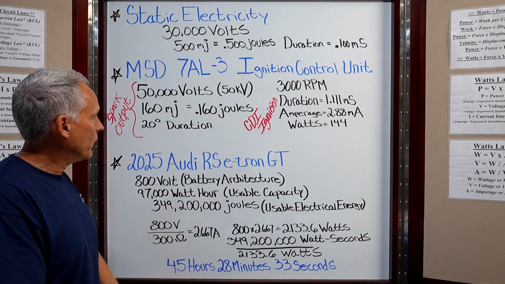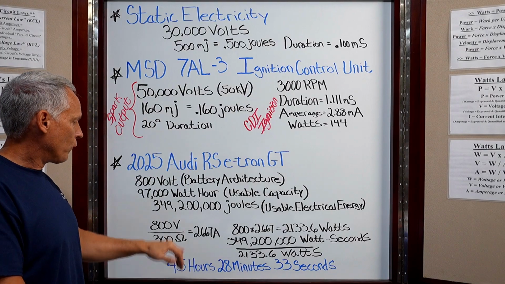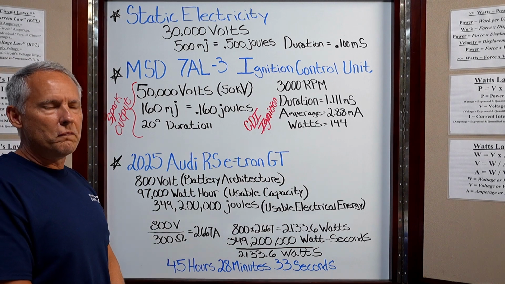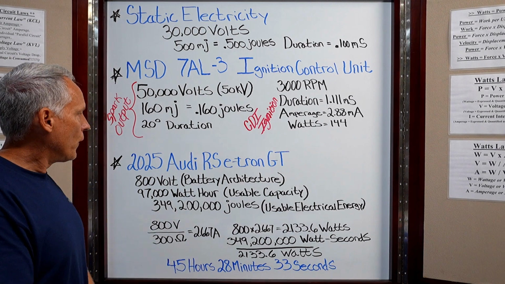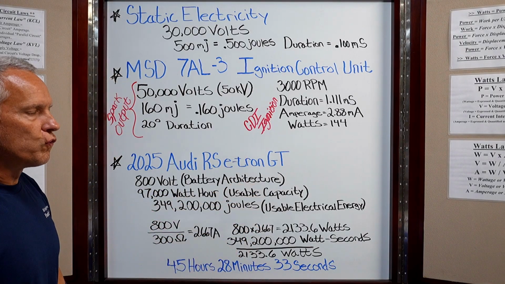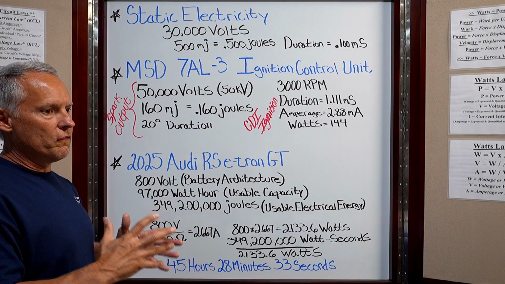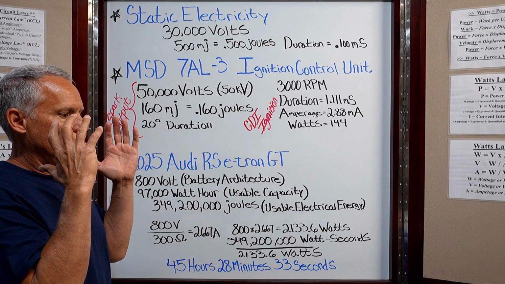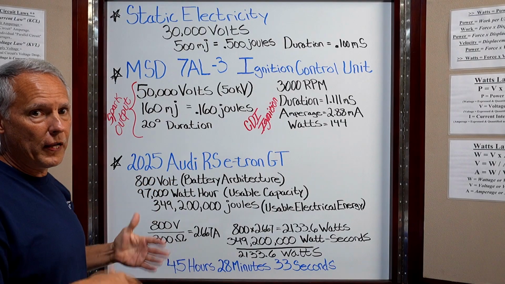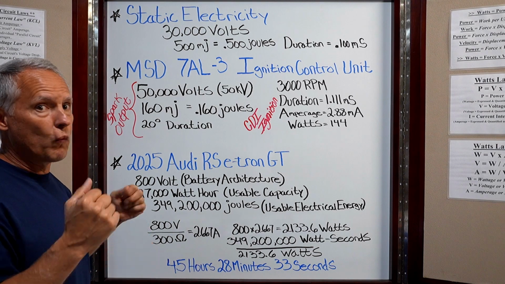So 349.2 megajoules, not millijoules, not a tenth of a joule, 349.2 million joules. Tremendous stored electrical energy. Not only that, the rate of discharge in this battery pack is tremendous. It can deliver a tremendous amount of voltage and amperage, therefore wattage, in order to power the vehicle. That's the reason they are so powerful and so fast: the battery can discharge that energy very rapidly at great volume.